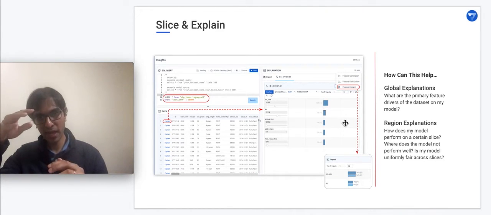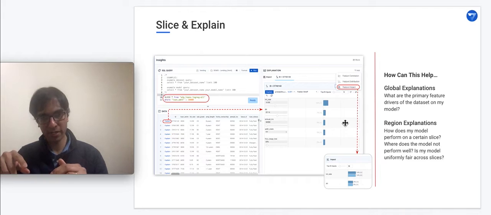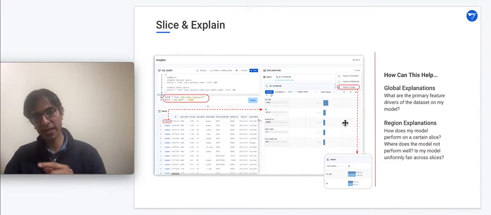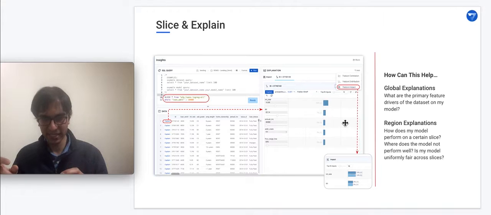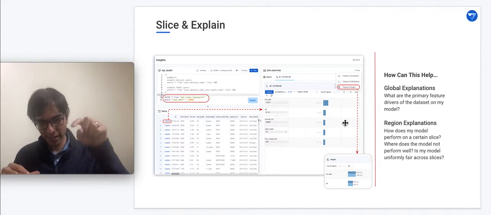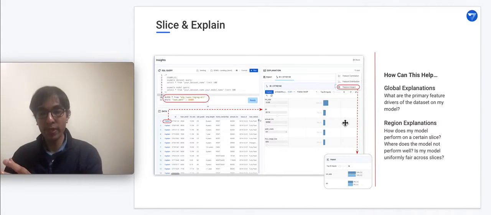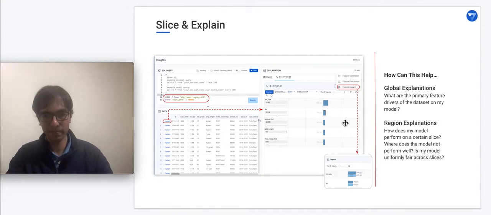You can look at how the features are distributed for a particular slice, how the features are correlated with the target, and partial dependence plots of how the target varies as each of these features varies on this particular slice. So it's a drill down style analysis where we are blending typical data drill down, where you are slicing and dicing a data set, with explainability, where you can slice in light of the explanations.